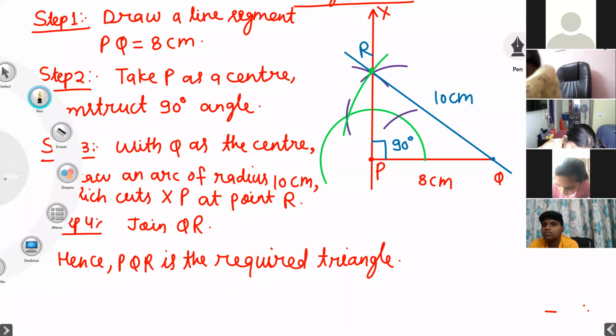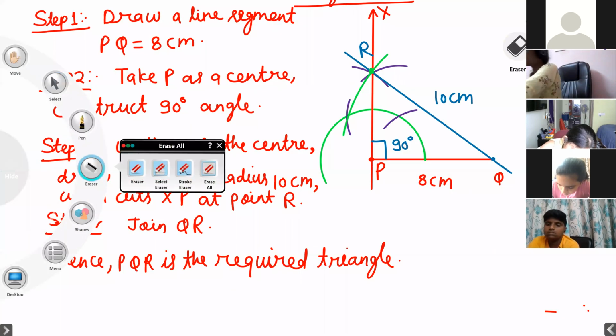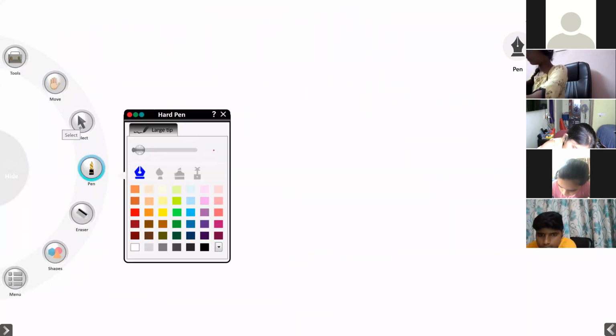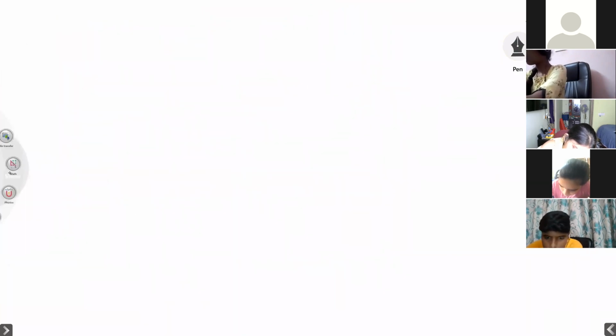Now I am going to start chapter 4, algebraic expressions. Take a fresh page, everyone.